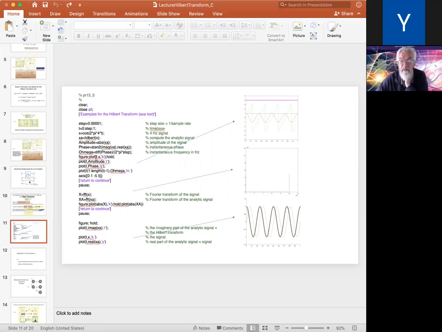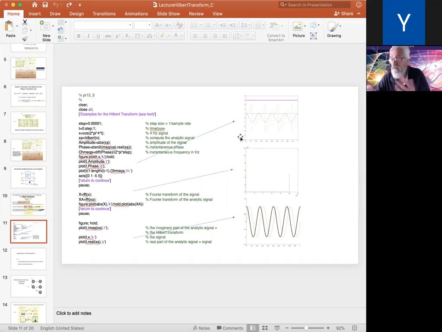Then of course, if you differentiate your phase, we get the instantaneous frequency. And then this part is plotting that data. Here you can see your cosine, the phase of the cosine, the instantaneous amplitude of the cosine, and the instantaneous frequency of the cosine.